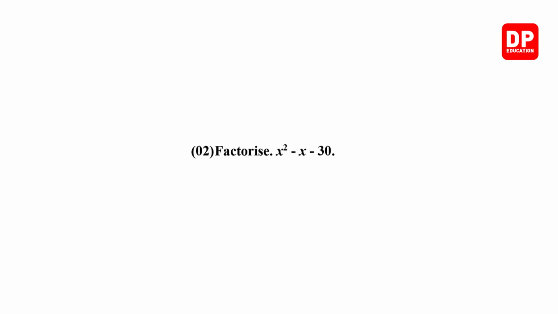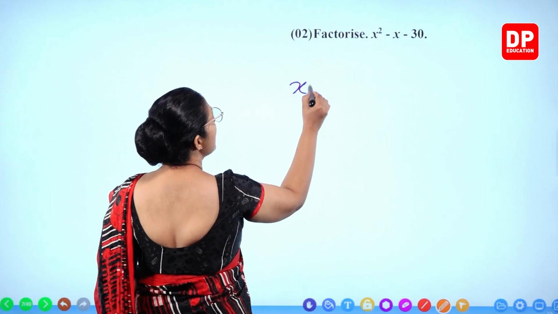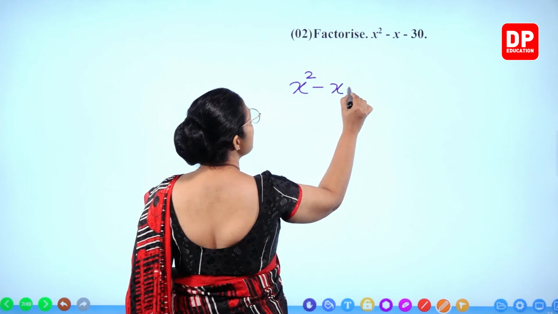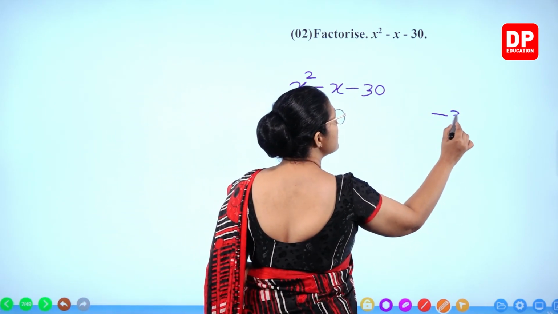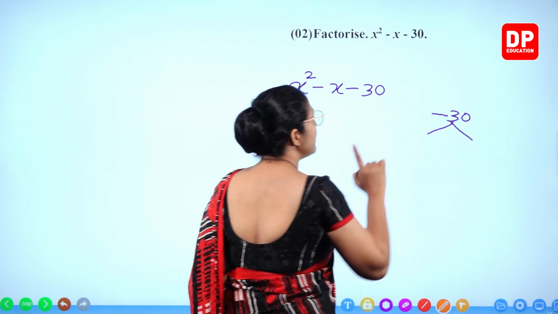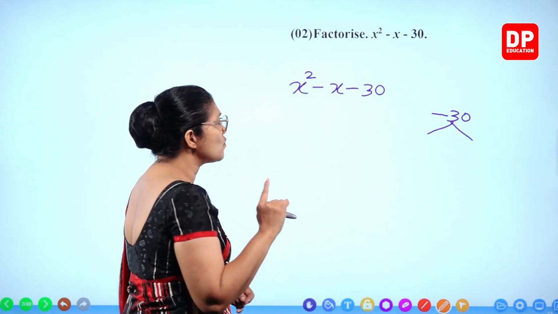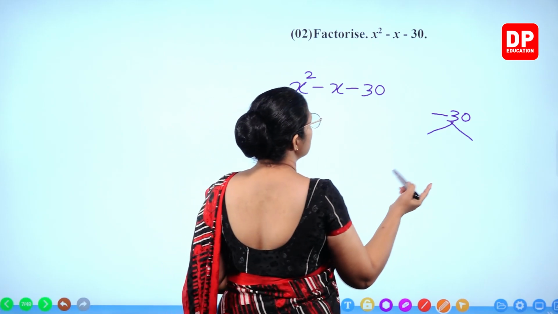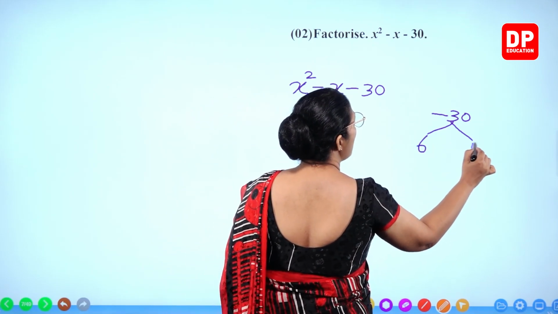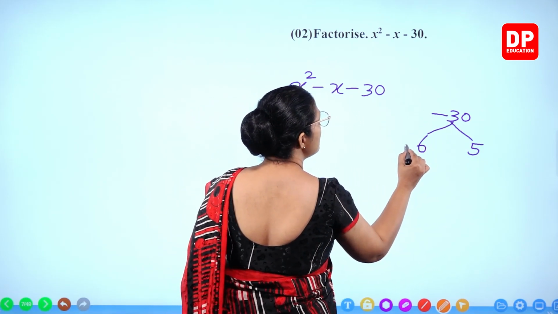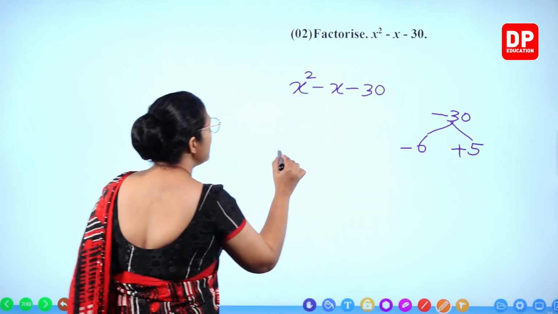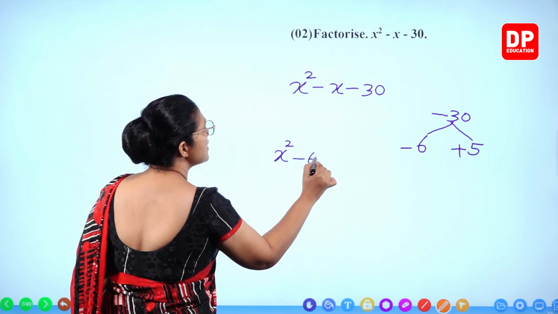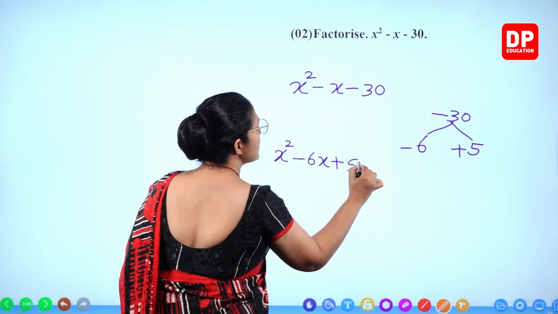Question number 2, factorize. This is a quadratic expression, x squared minus x minus 30. So what you do is find the factors of minus 30. When you add the factors, you need to get minus 1. So what are the factors? 6 and 5. Since this is minus 30, that means minus 6 and plus 5. So you split the middle term into minus 6x and plus 5x.